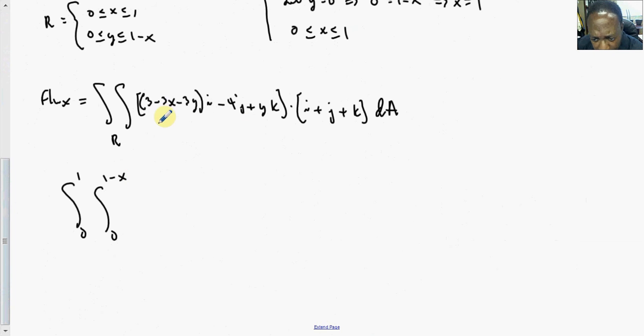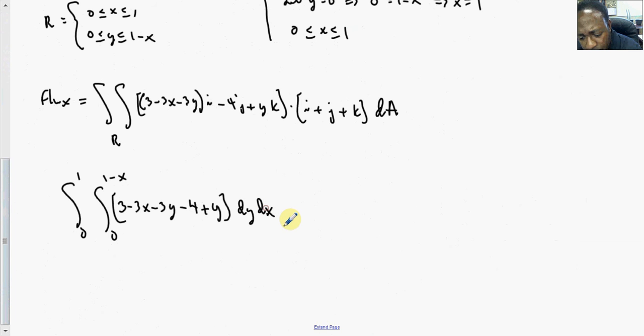Take the dot product. We're going to get 3 minus 3x minus 3y minus 4 plus y, and then this is dy dx.